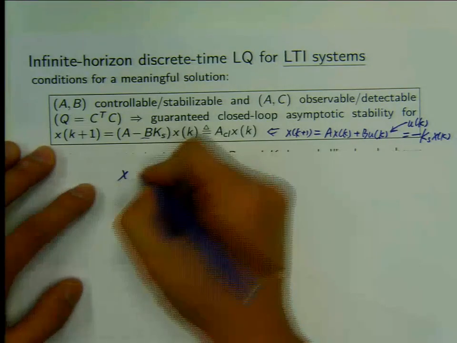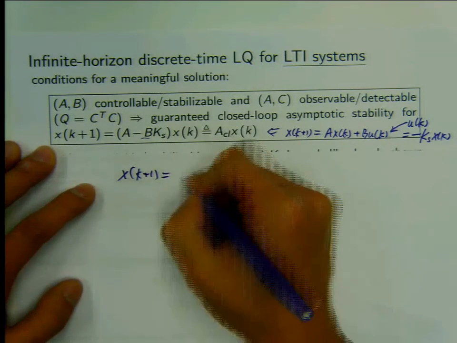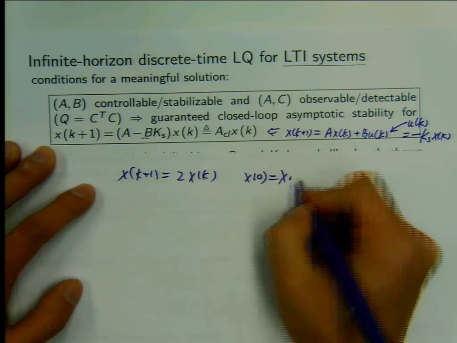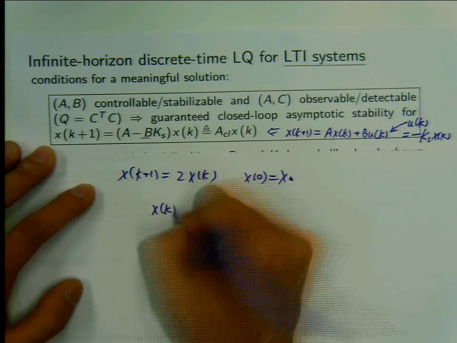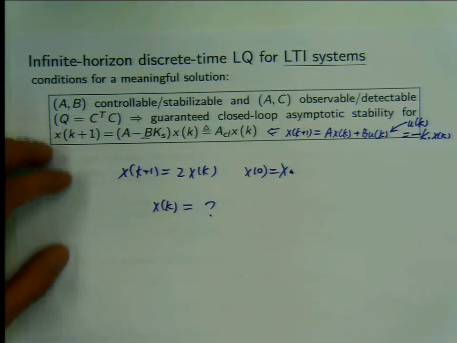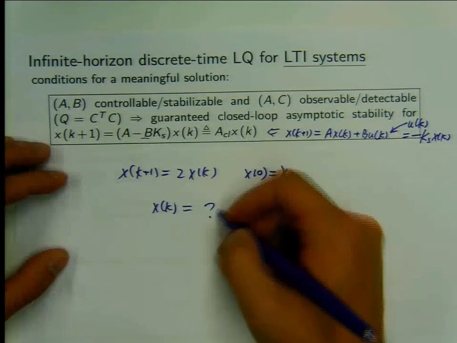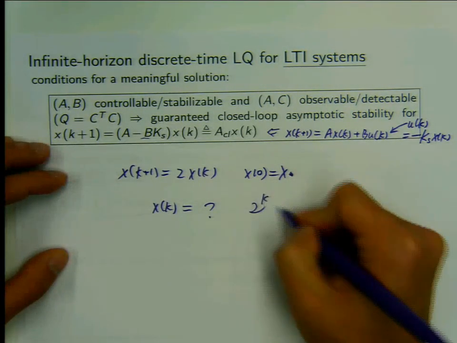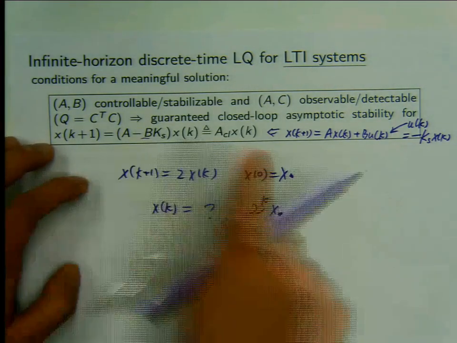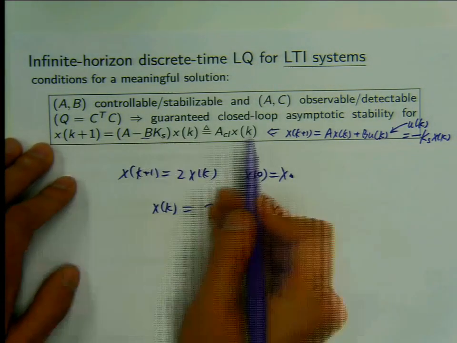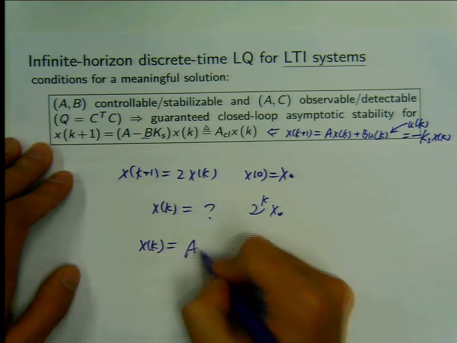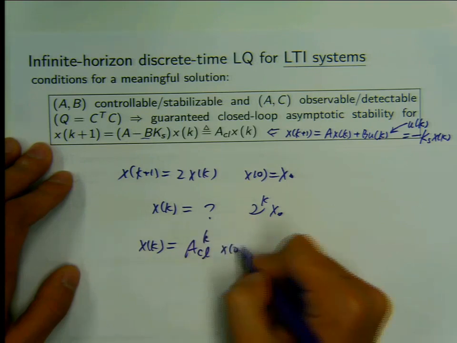If, let's say, x k plus 1 is 2 x k, initial condition is x0, what's the mathematical formula for x k? 2 to the power of k times x of 0. Right? Yeah, that's what I was asking. So if I give you this, what are the solutions for x? So the solution for x of k is this. For this general equation here, x k equals A_CL to the k times x of 0.